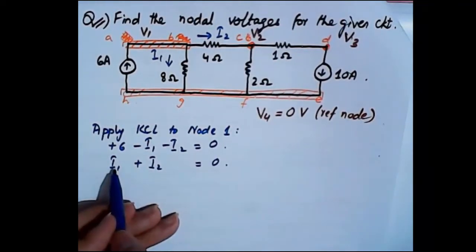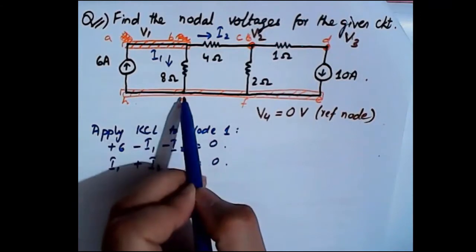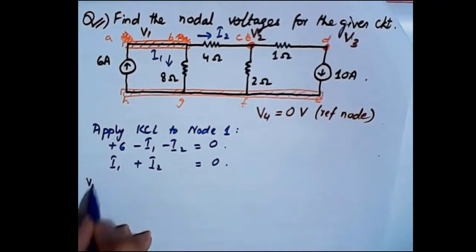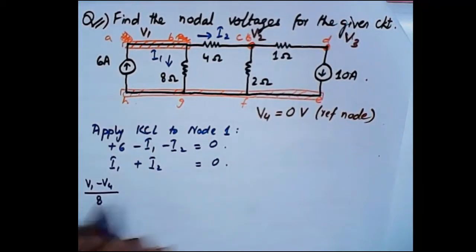And now you need to represent I1 in the form of voltages. I1 is flowing between V1 and V4, so it will be V1 minus V4 divided by the resistance, which is 8.